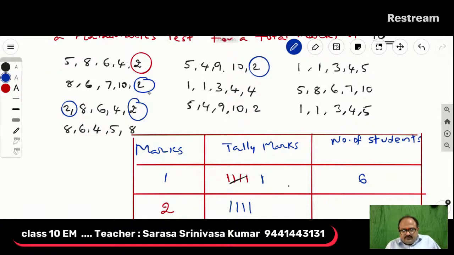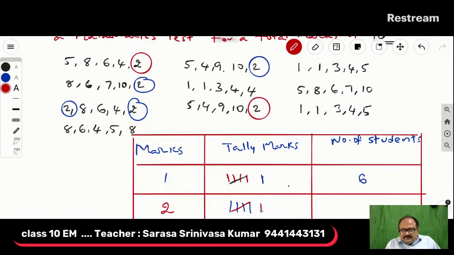So that is 1, 2, 3, 4, 5. So the fifth one should be written like this. So the meaning of this one is 5. You must understand this. And next, here is also 2.